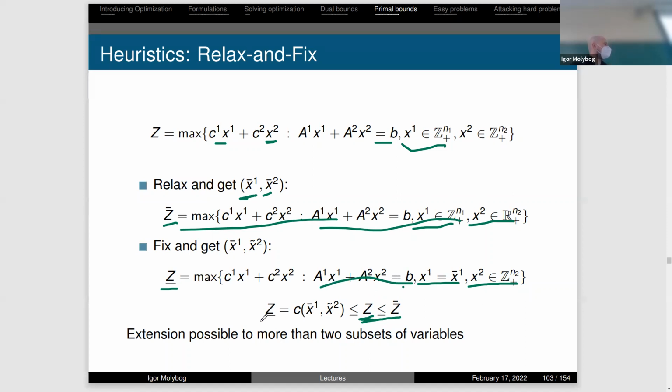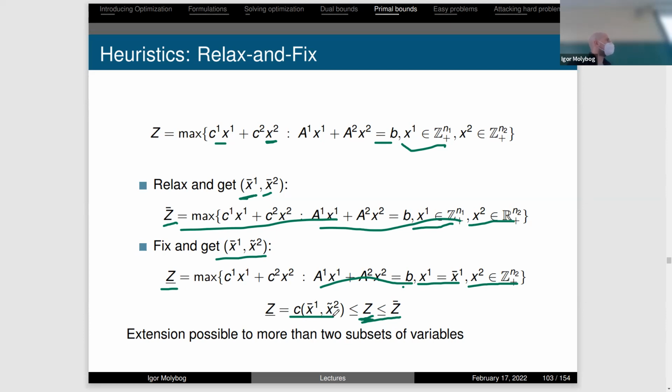Therefore, z underline must be smaller than z. So the solution to the second problem will give us the vector x1 bar, x2 tilde that will give us the primal bound we were craving.